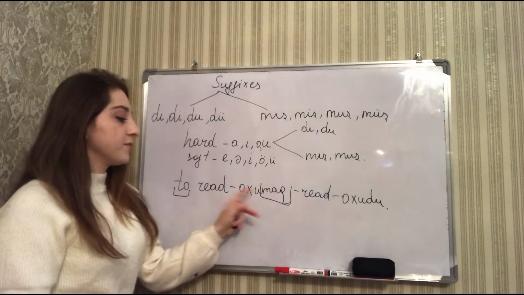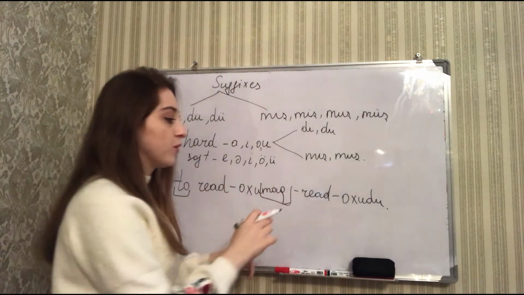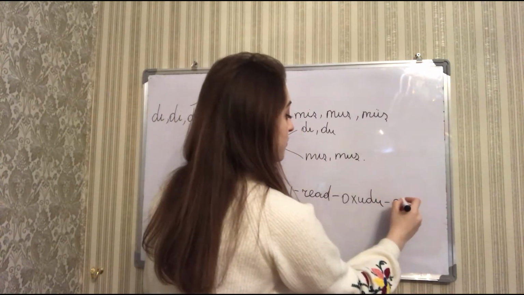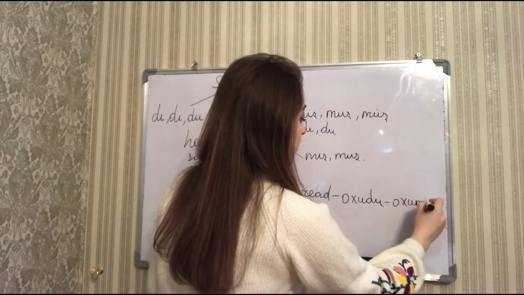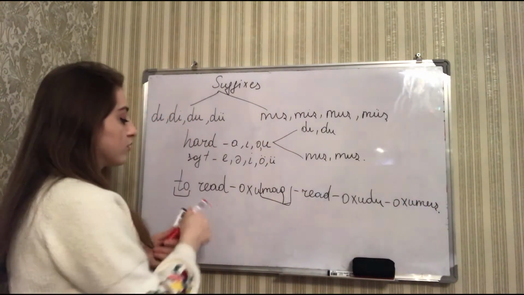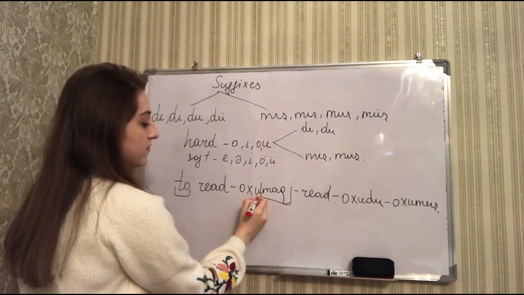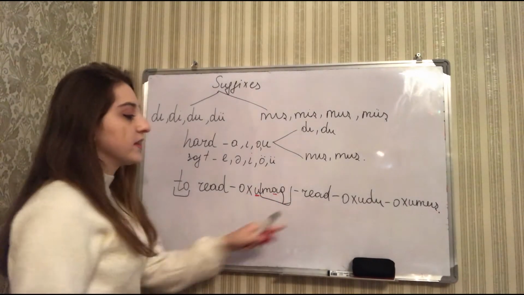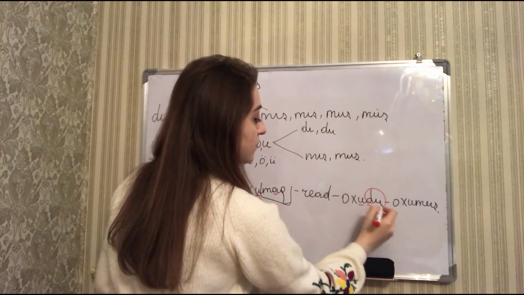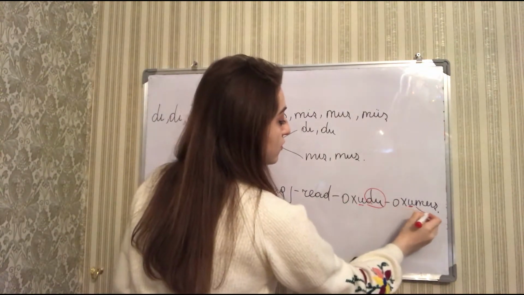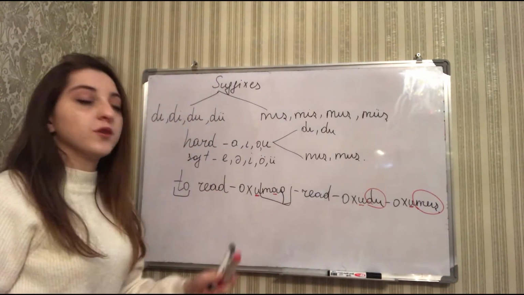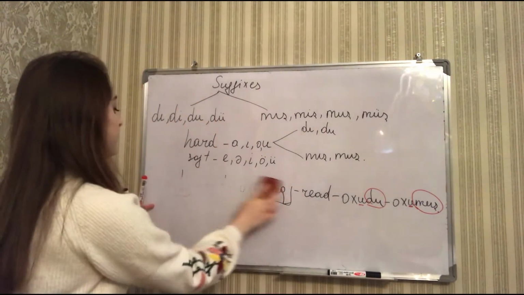The infinitive form dropped, okudu or okumuş. So, to read, okumak, read, okudu, do, okumuş, and muş. Now, let's change this verb to the personal pronouns.